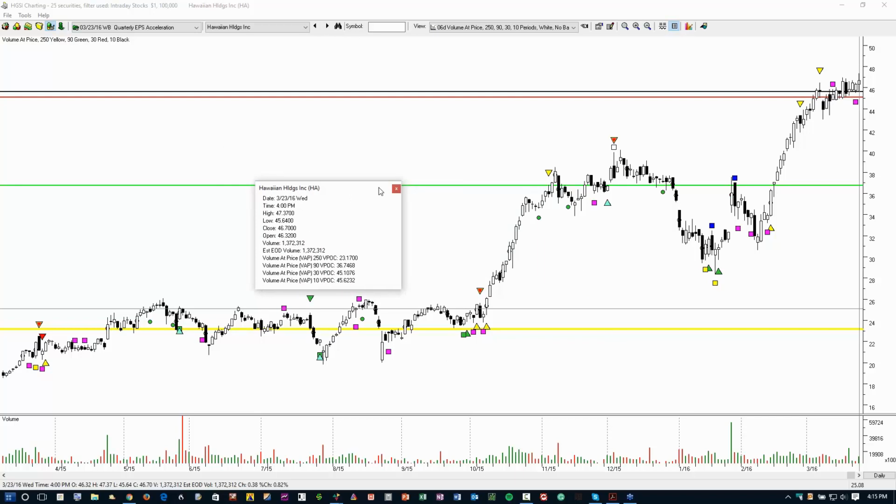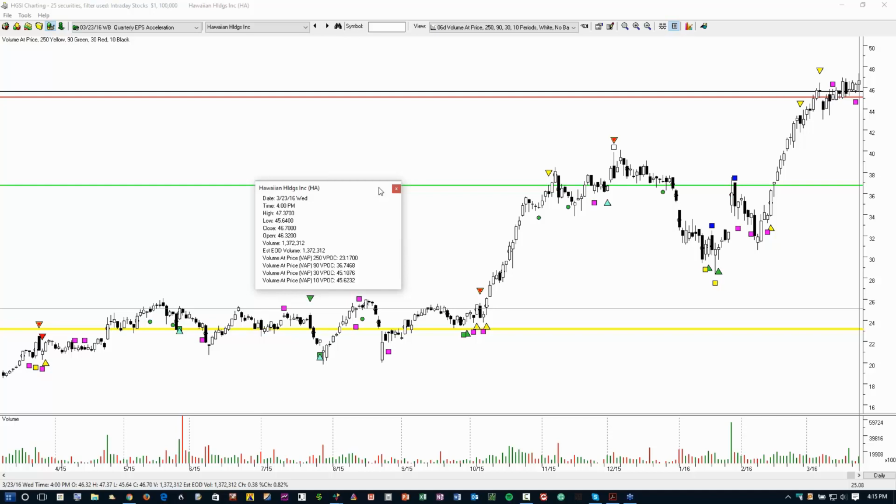So it shares the price scale, and you can end up with VPOC lines that aren't visible. It's a side effect. I had to make a choice. No, you did the right thing. I just got confused because I couldn't see the yellow line, then I started looking at the numbers.